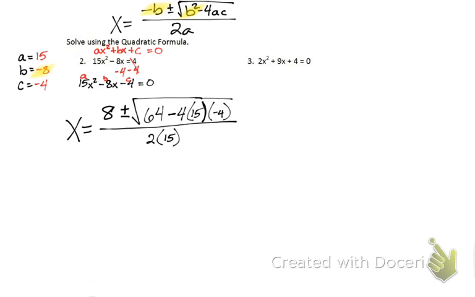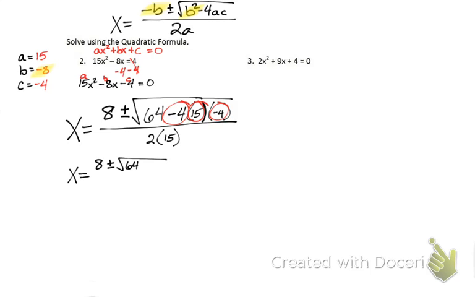So, a little bit more complicated simplifying here, just because the numbers are a little bit bigger, but it shouldn't be too difficult. We say x equals 8 plus or minus the square root of 64, and then we're going to take negative 4 times 15 times negative 4. Do that on your calculator if you have to.